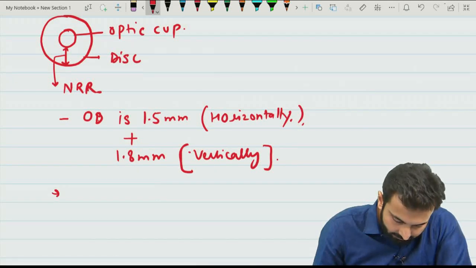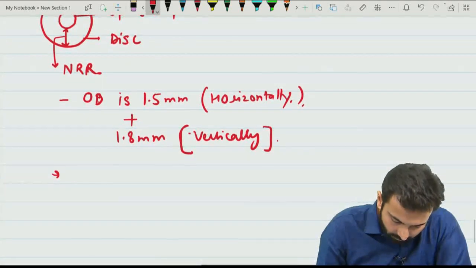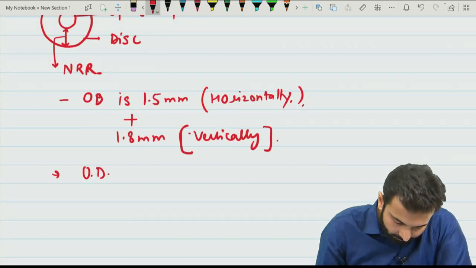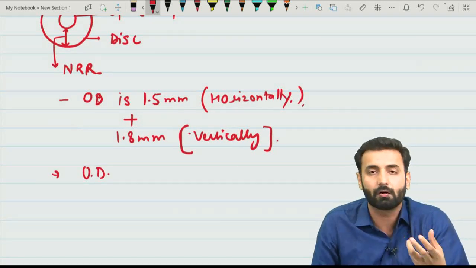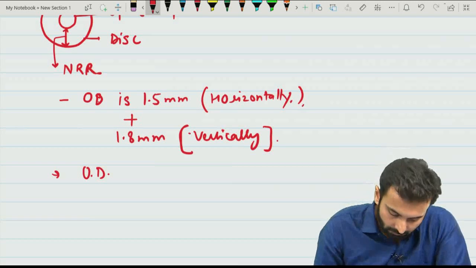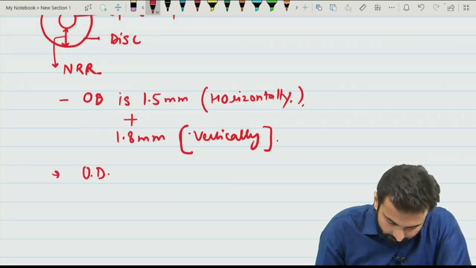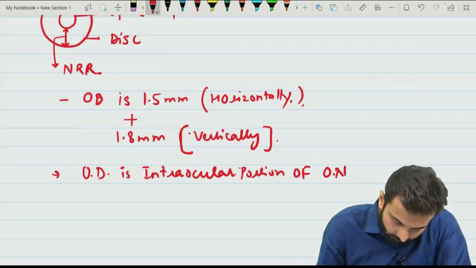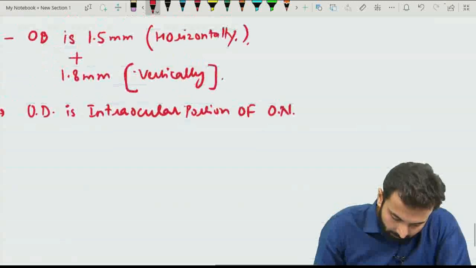And option C says that it contains nerve fibers. So optic disc, as you know, is the intraocular part of optic nerve. Write down, the important thing you have to remember is that optic disc is the intraocular portion of optic nerve, right?